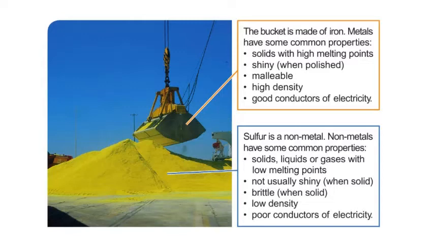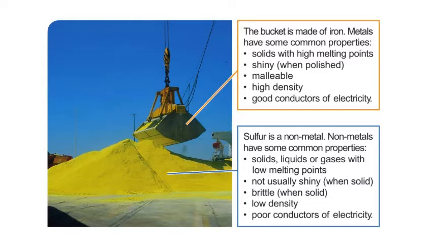On the flip side of that, non-metals tend to have the opposite properties. They can sometimes be solids, but they tend to be liquids or gases at room temperature. They normally have a low melting point. They're not normally shiny when they're solid. They are brittle, which is the opposite of malleable. Again, we'll talk about that in a minute. They tend to have a low density, and non-metals in general are poor conductors of electricity.